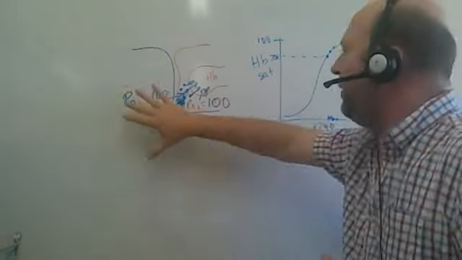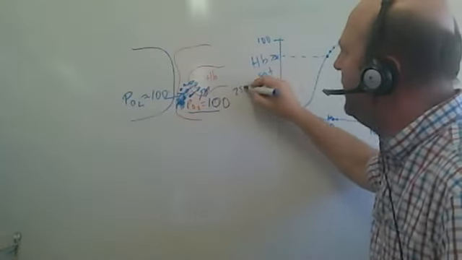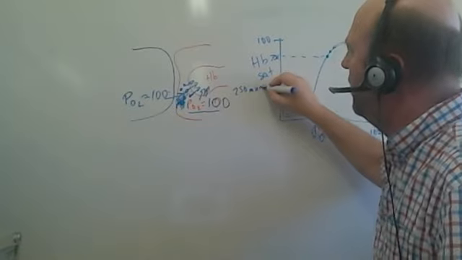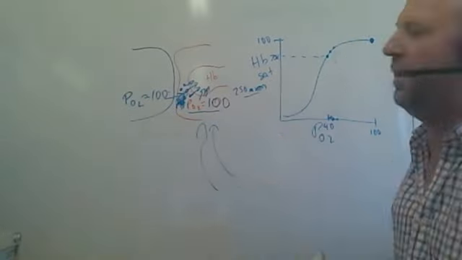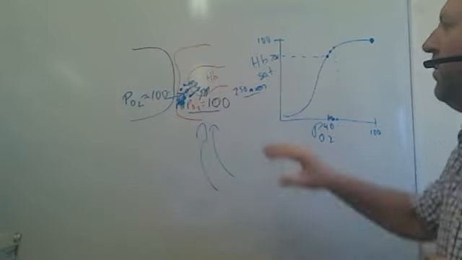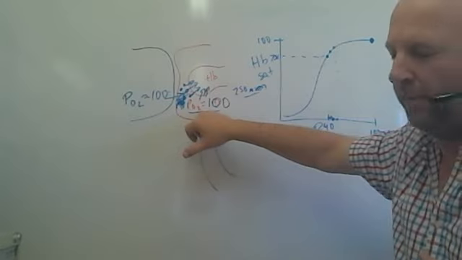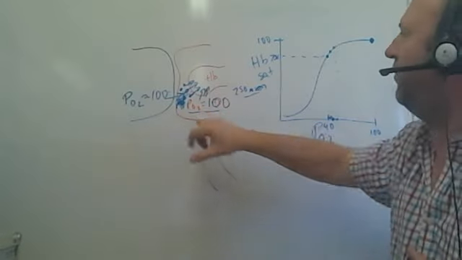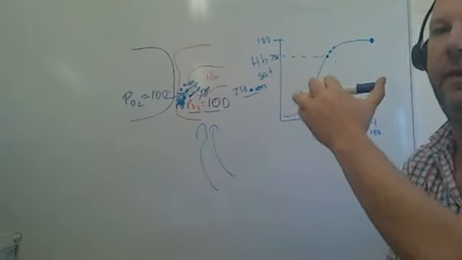So this process normally will take about 250 milliseconds to move across, and of course we've got blood consistently moving through here to get reoxygenated. So for arterial blood to move from a PO2 of 40 to 100 takes approximately 250 milliseconds.